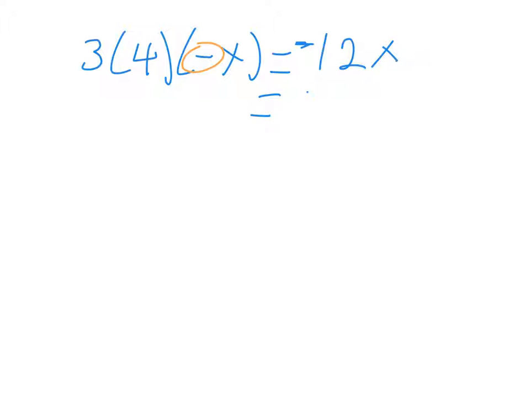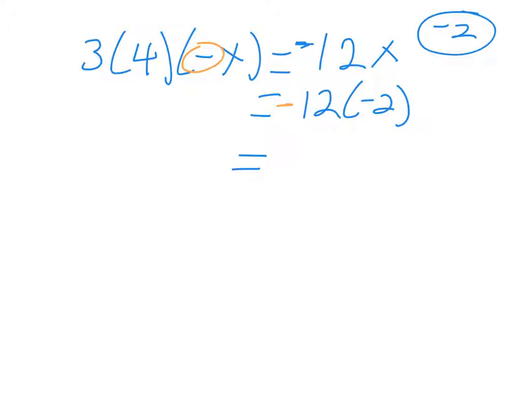So next, when we put in the negative 2 from the previous page, x equals negative 2, we have negative 12 times negative 2, and that will be 24 there. I forgot to carry that down. And that's an even number, so that's a positive product.